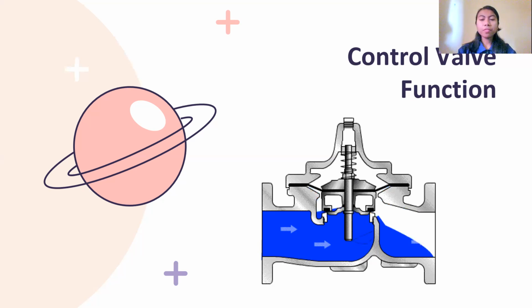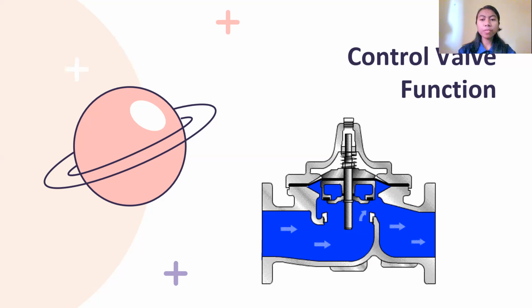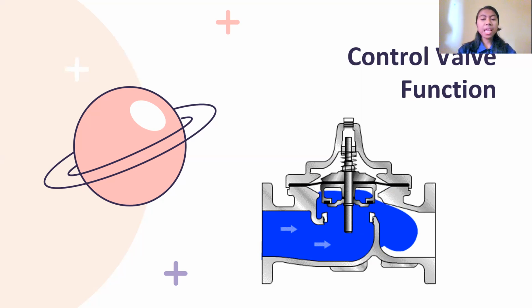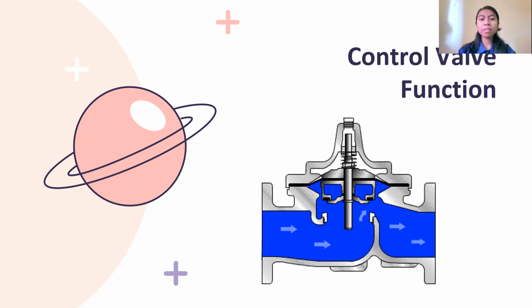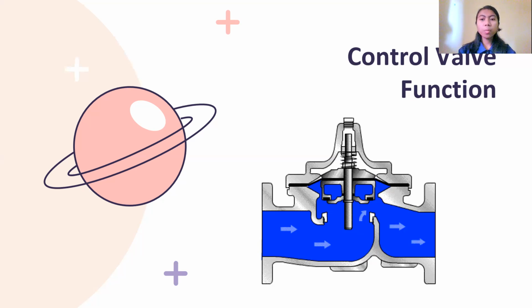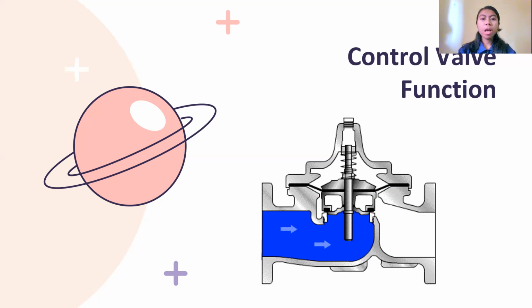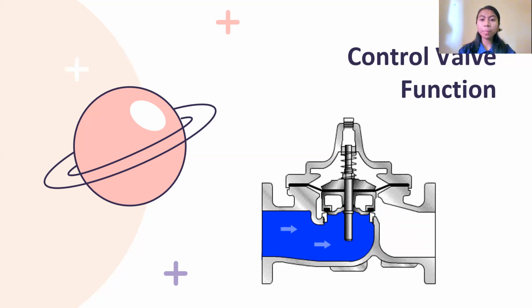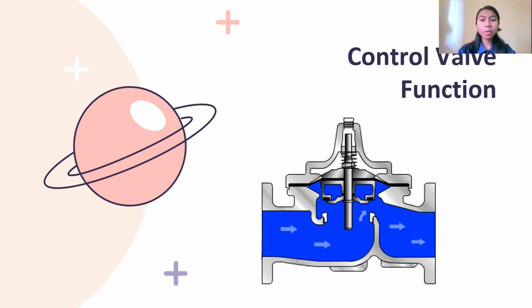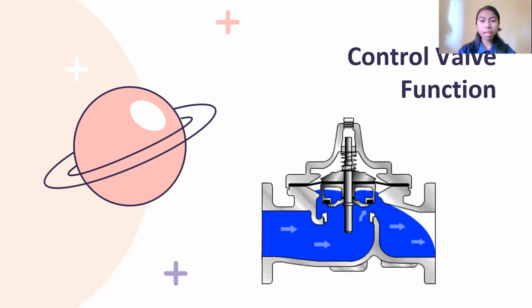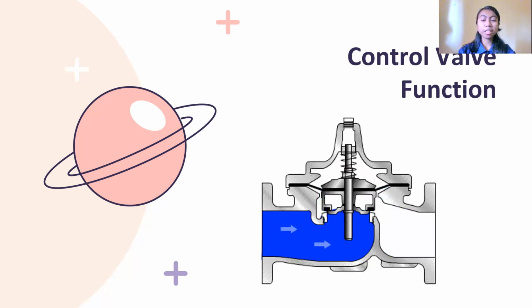There are several functions of the control valve, either manual or automatic. This valve can manually close or open to control the flow by human power. However, currently many control valves are equipped with electric, pneumatic, or hydraulic components. In flows with a large capacity and high pressure, this is commonplace.